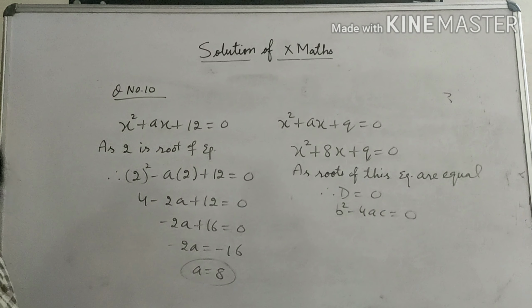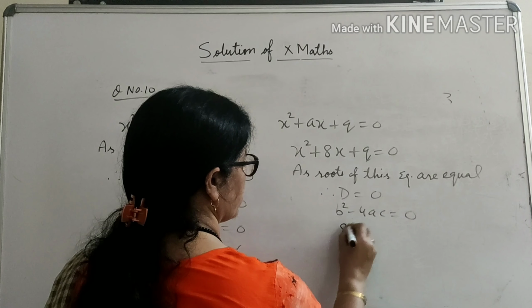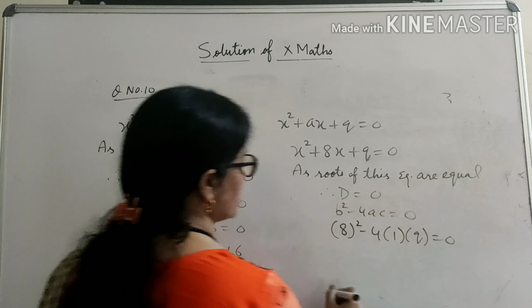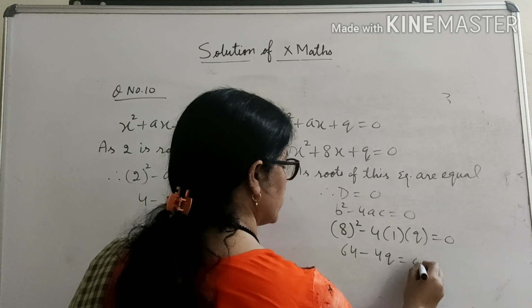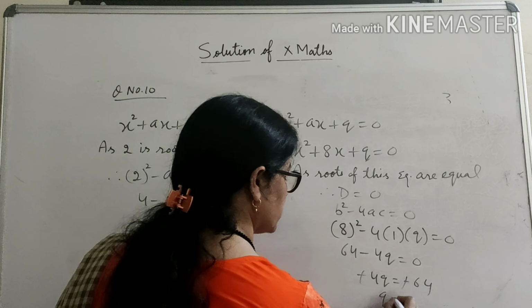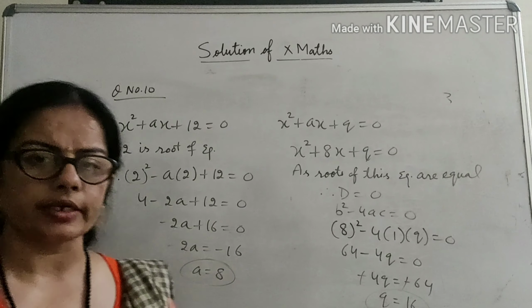What is b here? b is 8. 8 square minus 4 into 1 into q is equal to 0. 64 minus 4q equal to 0. Minus 4q is equal to minus 64. q is equal to 16. So q is equal to 16 is the right answer.